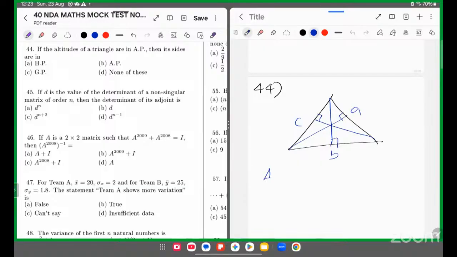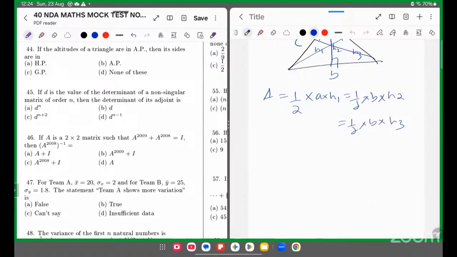So delta is equal to half into A into H1, half into B into H2, half into C into H3.